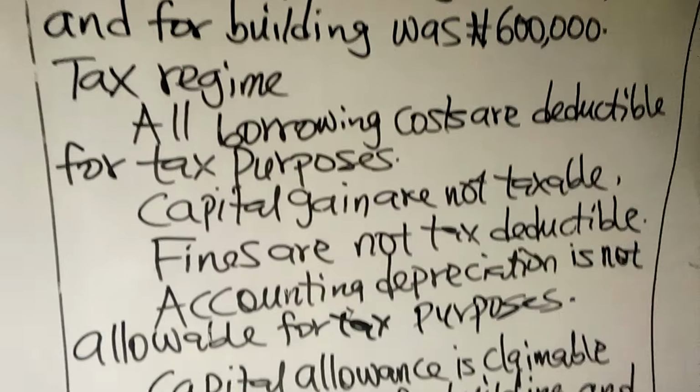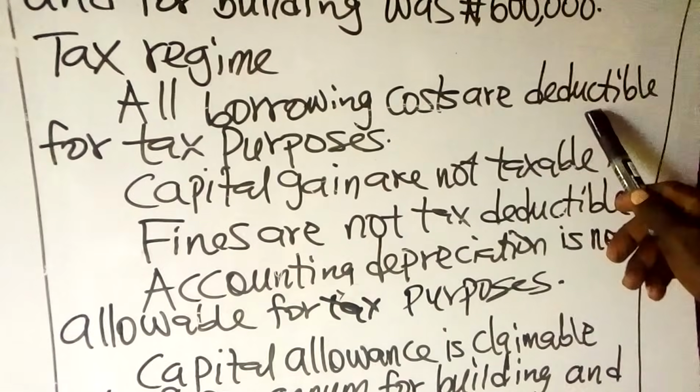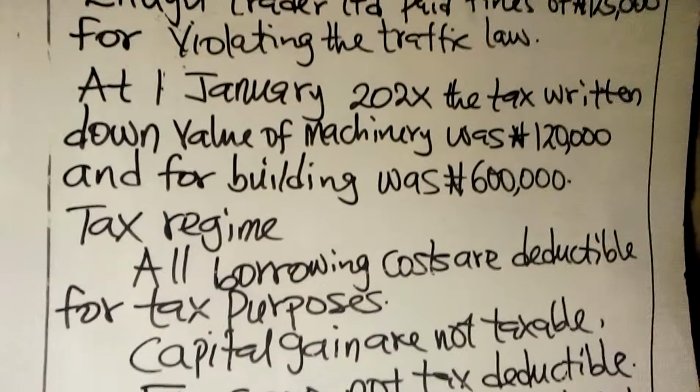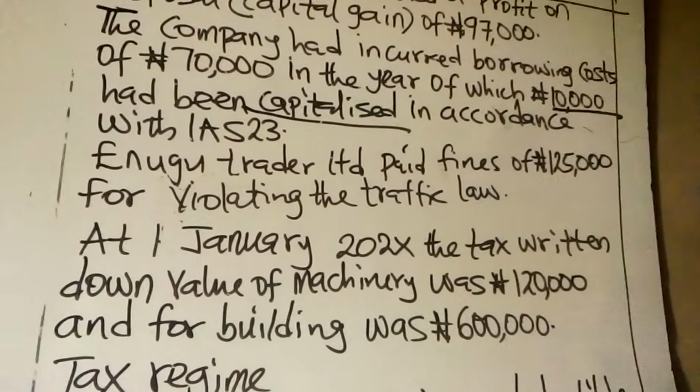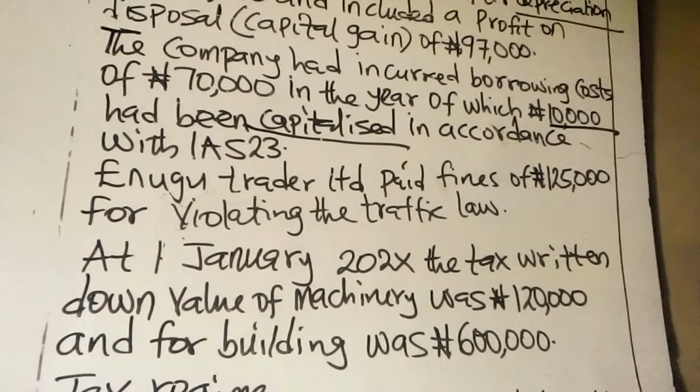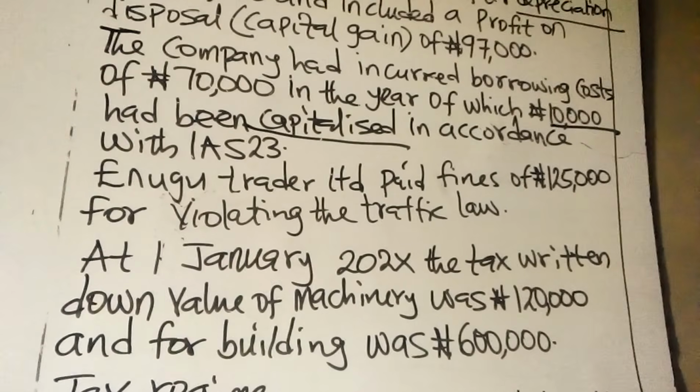Then the question says all borrowing costs are deductible for tax purposes. If all borrowing costs are tax deductible, that means the 10,000 that has been capitalized, we need to allow it. So we will need to deduct that.